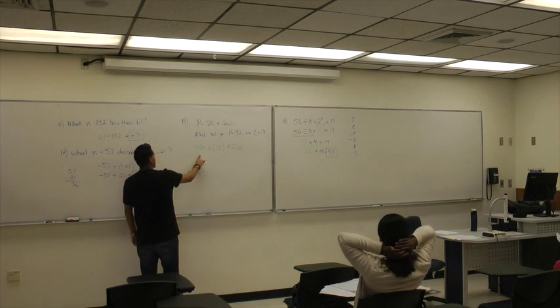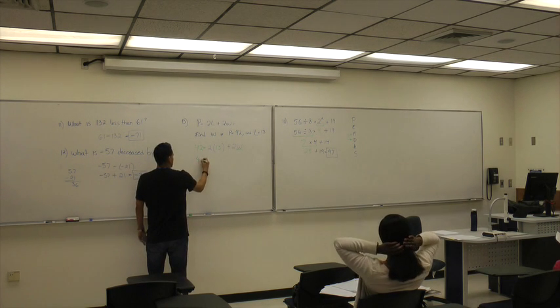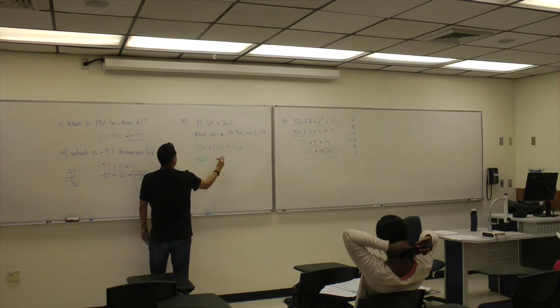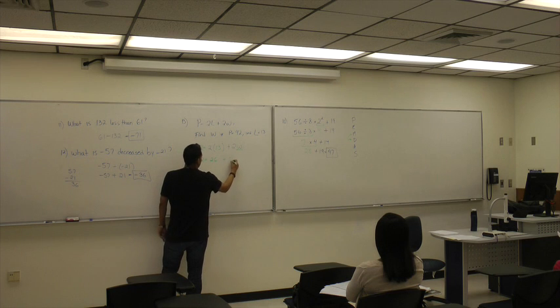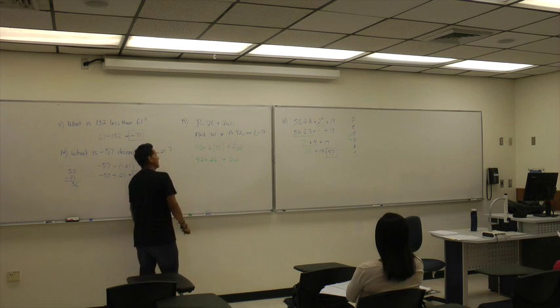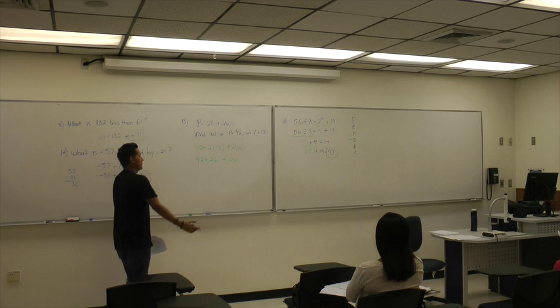Okay. So we have 42 equals 26, 2 times 13, and then you have 2W. What would be the next step? Subtract 26.